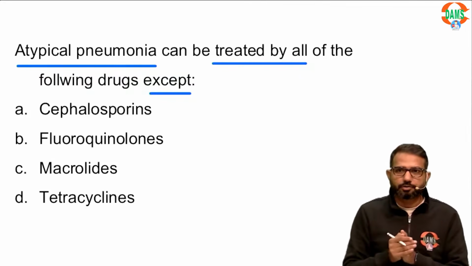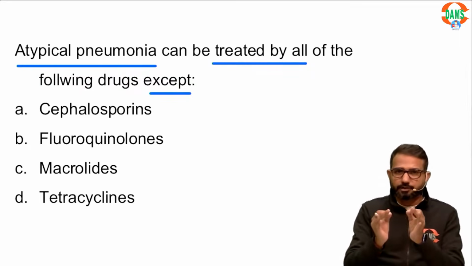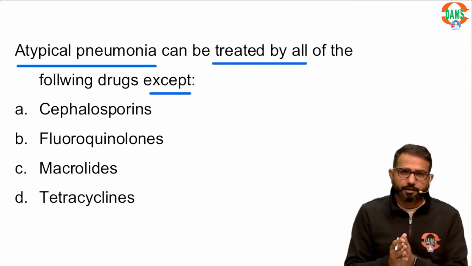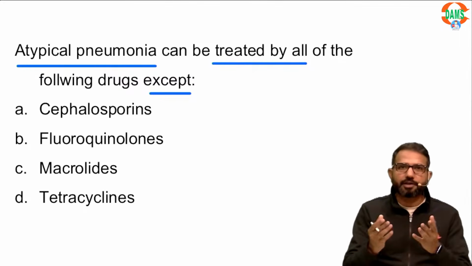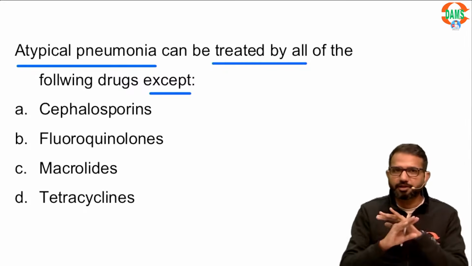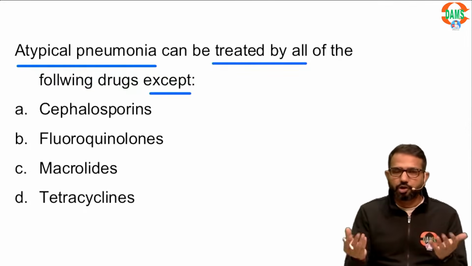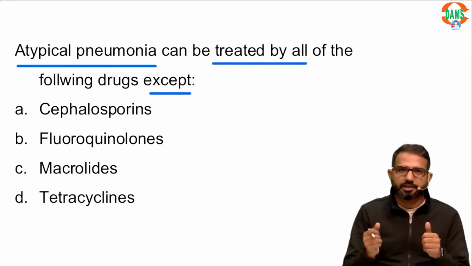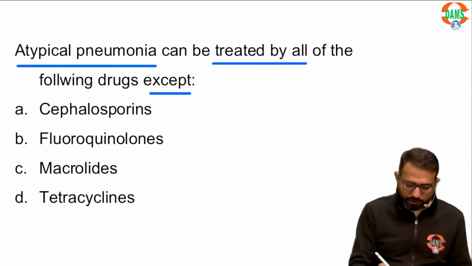Okay, so Gaurav has given the correct answer. In atypical pneumonia, mycoplasma, chlamydia, there is no cell wall. So definitely the cell wall synthesis inhibitors are of no use. Remember, cephalosporins and penicillins are beta lactams, and beta lactams have no role in these types of organisms.